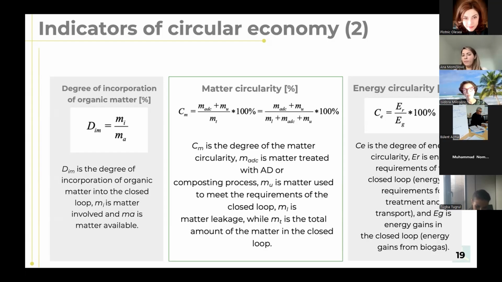So how much of the matter of the compost and the organic waste actually stays in the closed loop system. So how much circulates, and also when it comes to energy, we wanted to know how much energy circulates inside of the closed loop system based on the requirements and the energy gains from the biogas.